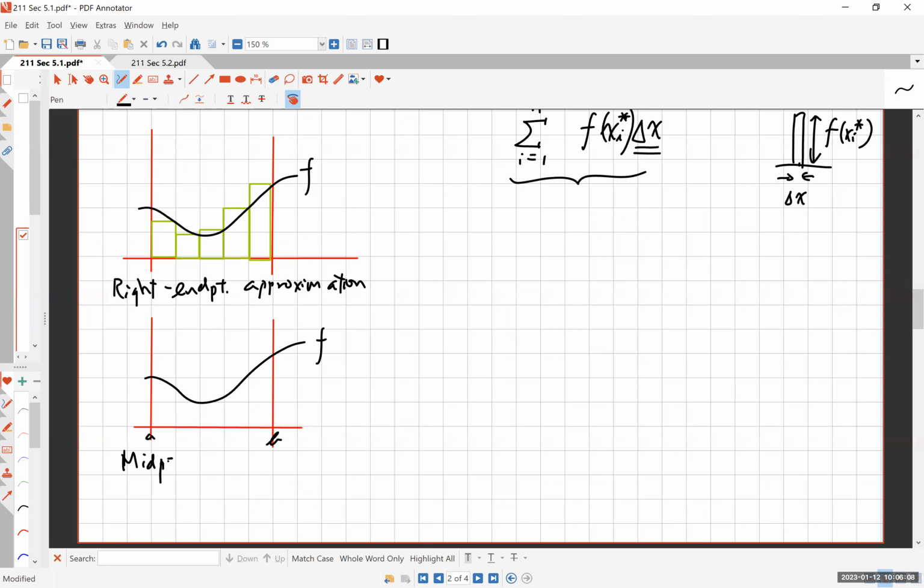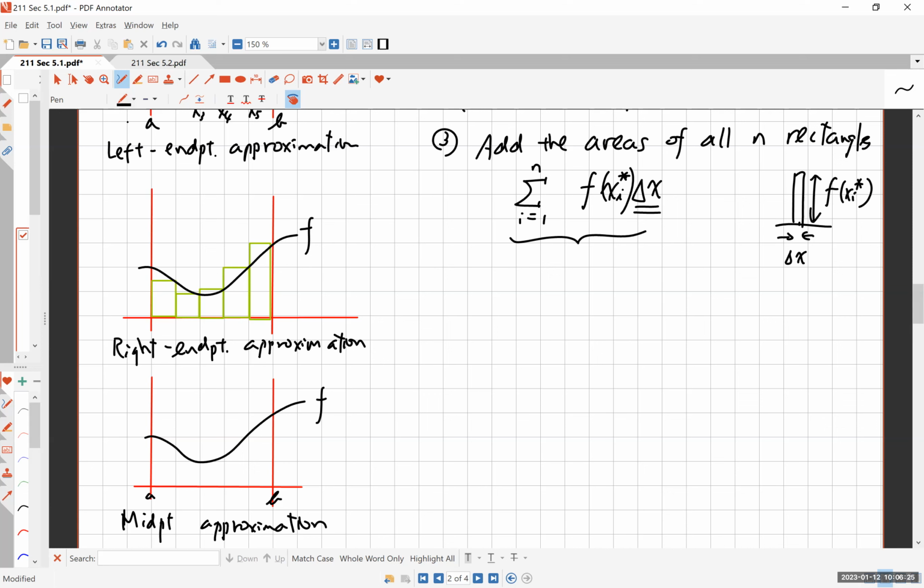But these three, the left endpoint, right endpoint, and the midpoint approximations, are used as examples for illustrating the concept of the Riemann sum.